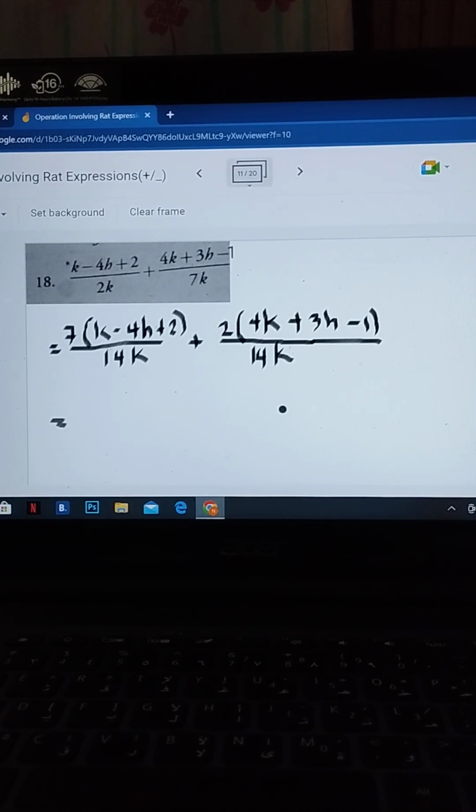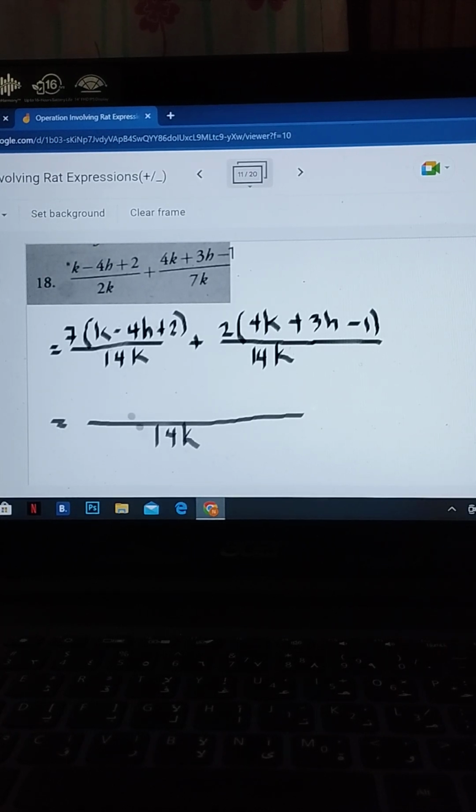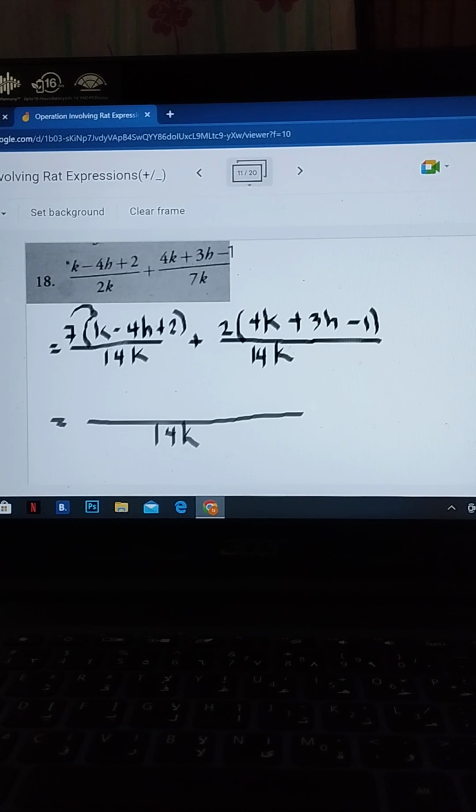Okay, so copy the same denominator, that is equal to 14k. 14k divided by 14k is equal to, just distribute this now. 7 times k is 7k. 7 times 4h is 28h, so minus 28h.